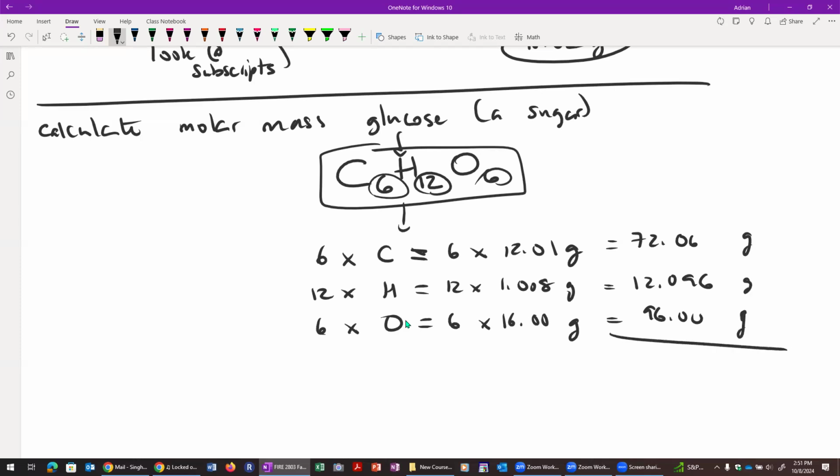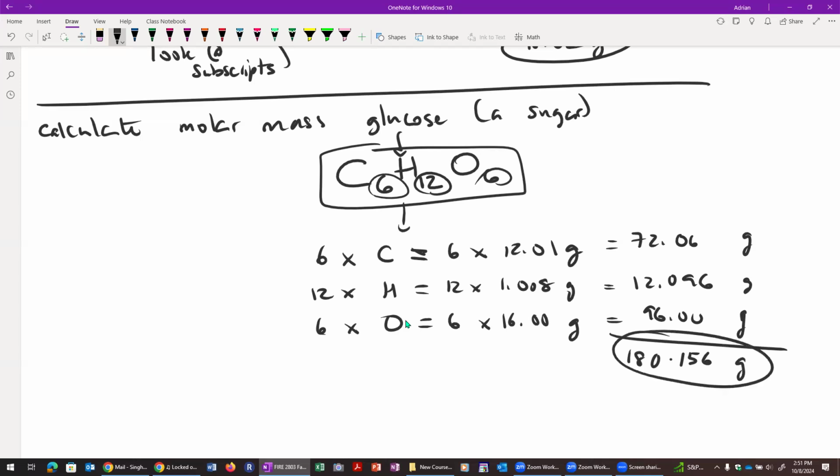Okay, and we're going to get 180.156 grams.